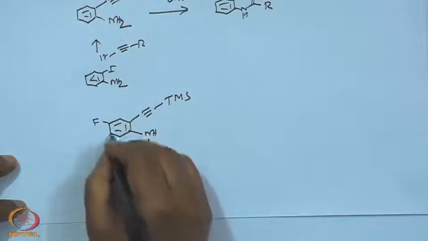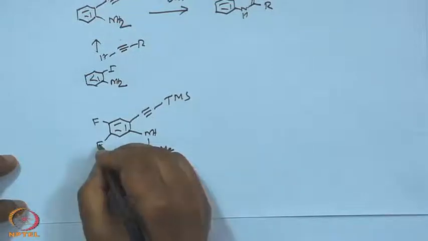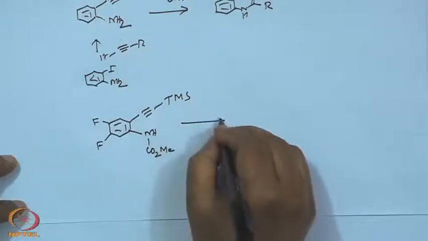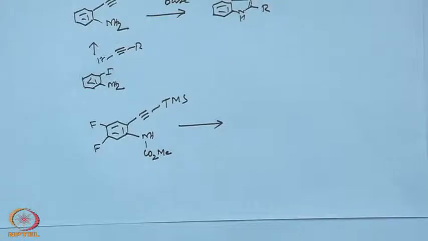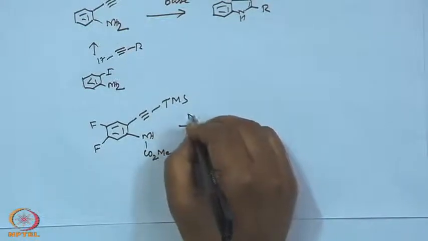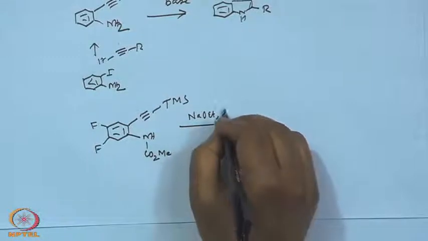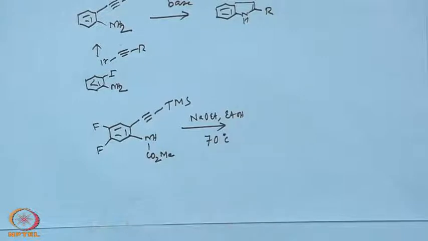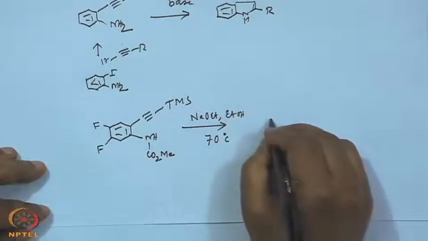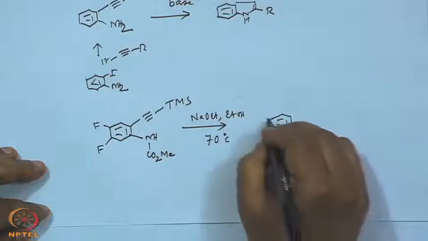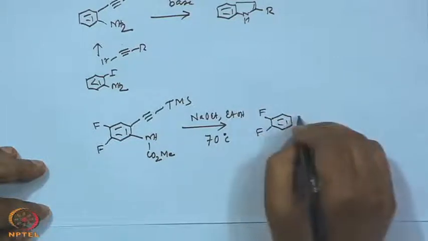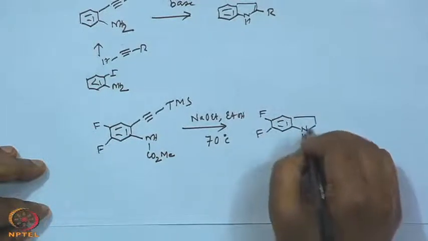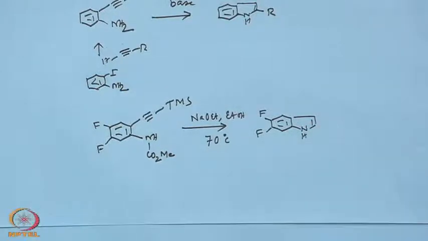Here you have phenyl and fluorine substituents, and mind it, the base is sodium methoxide in ethanol, and of course, since ethanol is there, the temperature is not very high, only 70 degrees centigrade, and once again in one pot you get to the corresponding indole derivative. And that too a 2,3 unsubstituted indole derivative.